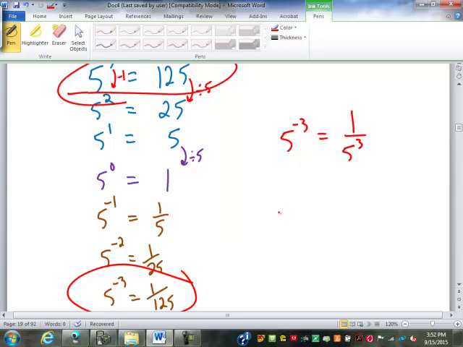So if I tell you that, well, let's do 8 to the 4th power is 4,096. What's 8 to the negative fourth power? 1 over 4,096. It's the reciprocal of it.